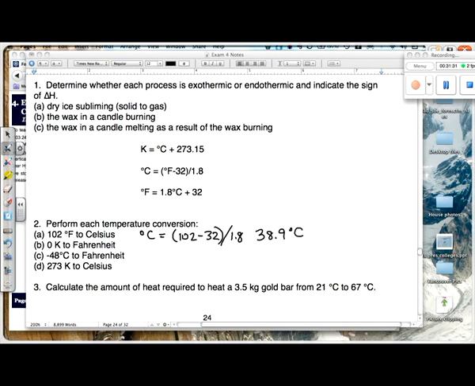Going from 0K to Fahrenheit. Now up here there is no direct conversion from Kelvin to Fahrenheit, so we'll have to do it from Kelvin to Celsius and then from Celsius to Fahrenheit. So in order to go to Celsius from Kelvin, I am going to take 0 minus 273.15.